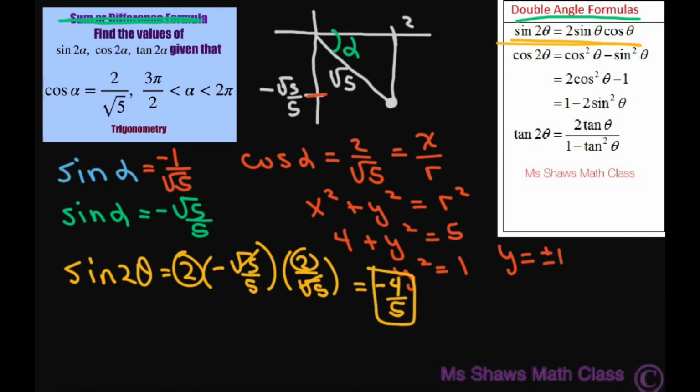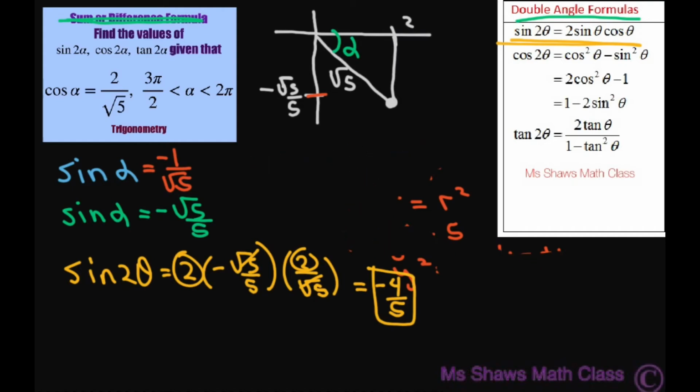So there's that one. Now, if you don't mind, I'm going to erase some of this real quick. All right. Cosine of 2 theta. Now, we've got 3 formulas for that. And I think the easiest one to use, since we already have cosine, and we might have messed up on sine, so we know that cosine's not messed up.